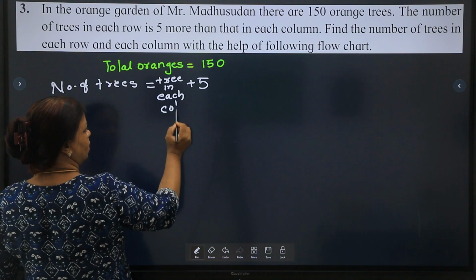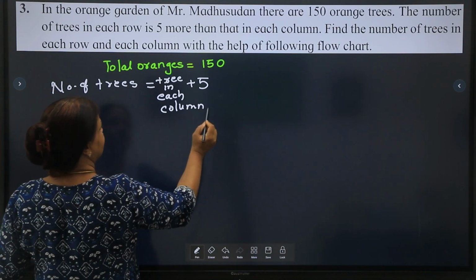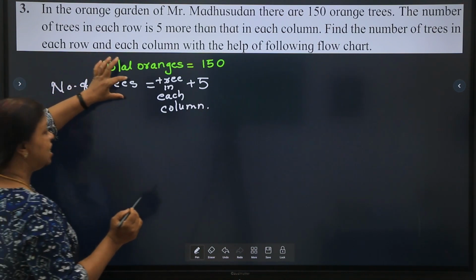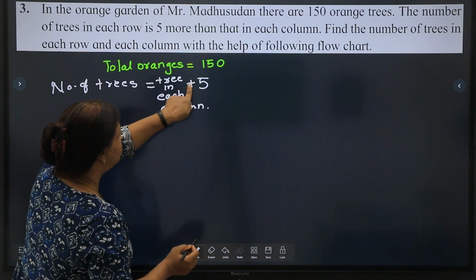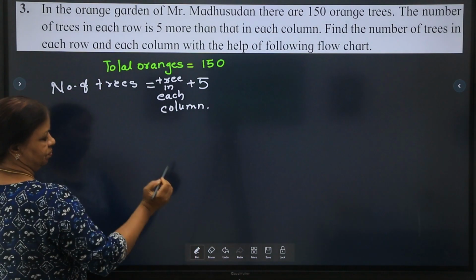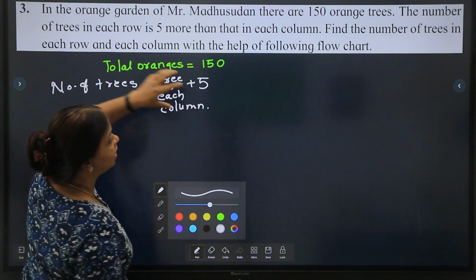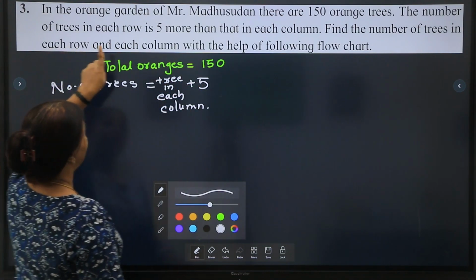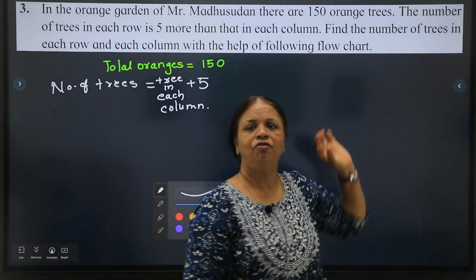Okay. Did you understand children? See here. Number of trees in each row is 5 more than trees in each column. Find the number of trees in each row and each column with the help of the flow chart.